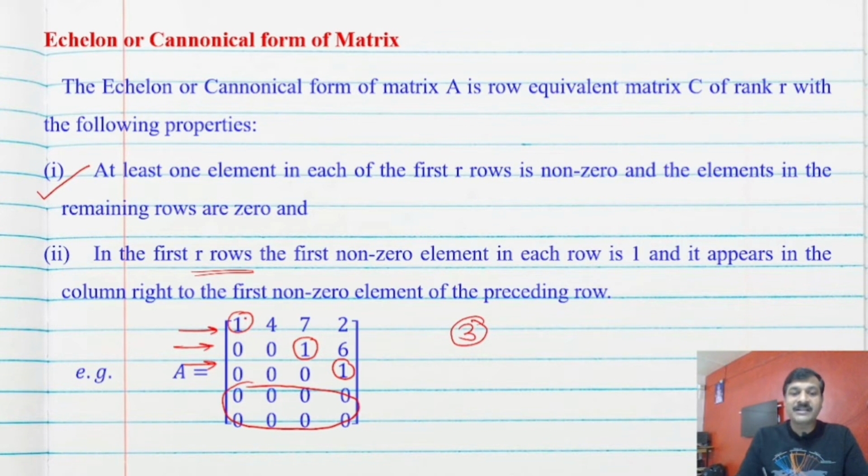And it appears in the column to the right of the first non-zero element of the preceding row, meaning the previous row. For example, for R2, the preceding row is R1. In R1, the 1 is present in the first column, which means for R2, the first non-zero element should be present in a column to the right of the first non-zero element of the preceding row.